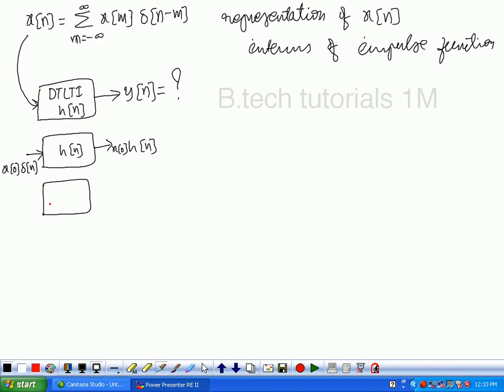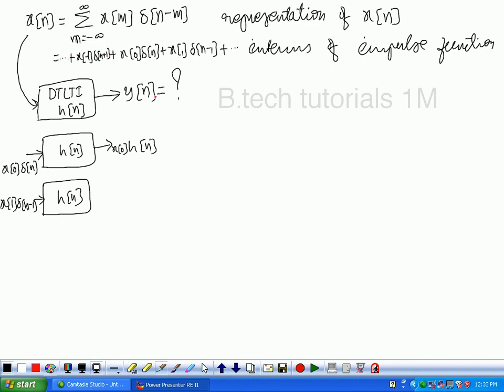Now take the same system with impulse response h of n. The input is x of 1 multiplied with delta of n minus 1, the next value here. We expand the summation. This can be written as x of 0 into delta of n plus x of 1 delta of n minus 1 plus so on, and this side we have x of minus 1 delta of n plus 1 plus all the terms.